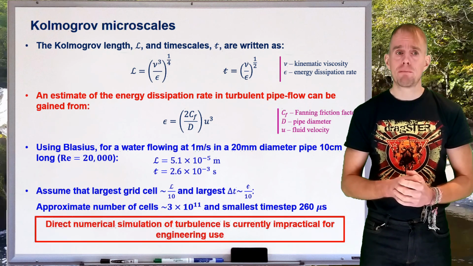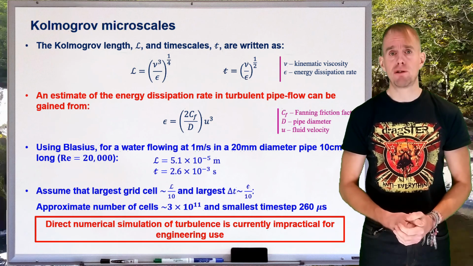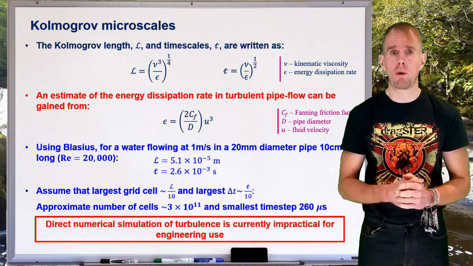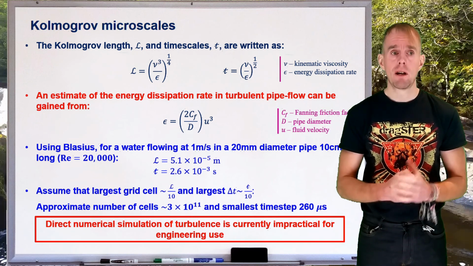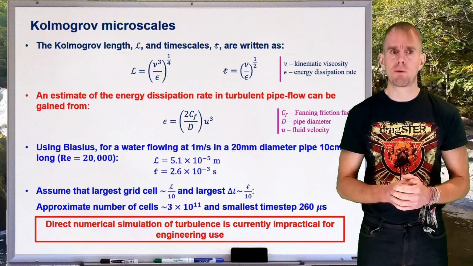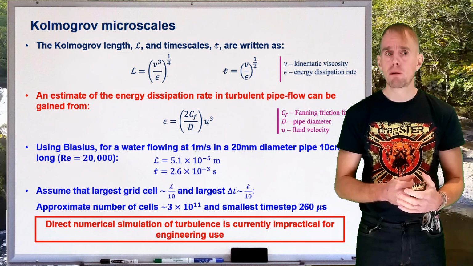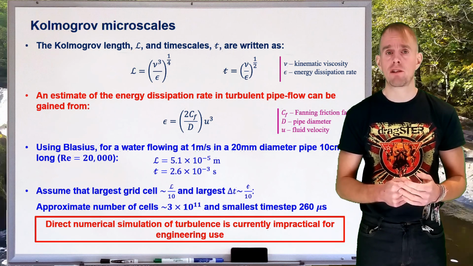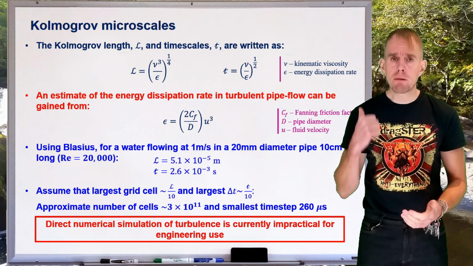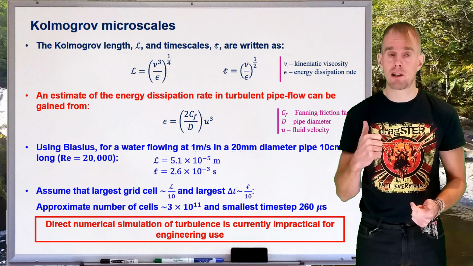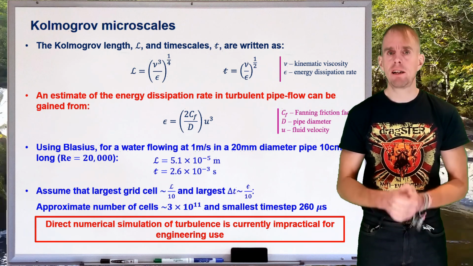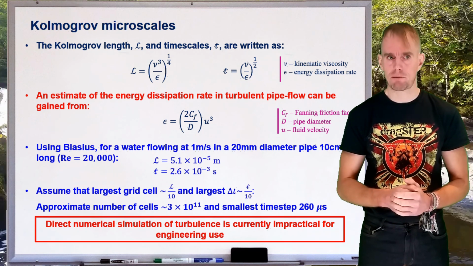Now, what this means is you need a very large computer. We will see in a minute how long a problem of this nature would take to solve on a major supercomputer. But the key message here is that 3 times 10 to the 11 grid cells for turbulent flow in a pipe is probably of order 10 to the 6 or 10 to the 7 more than what you would need using other approaches. The approach that we've described is called direct numerical simulation. It is used widely as a research tool, but currently it is impractical for engineering use.